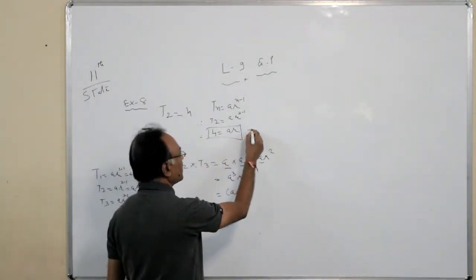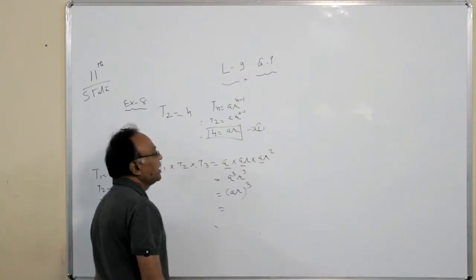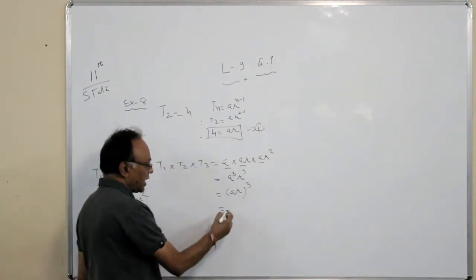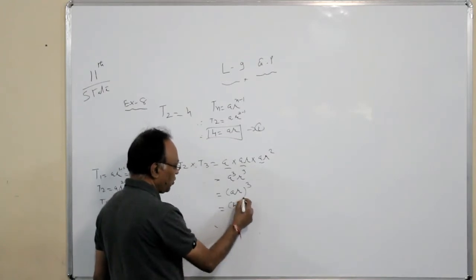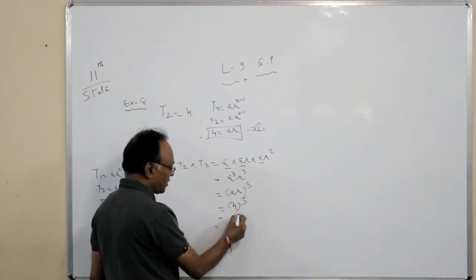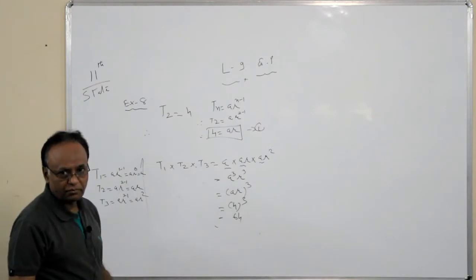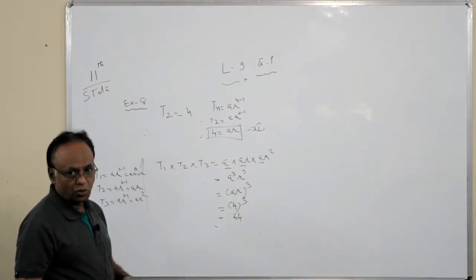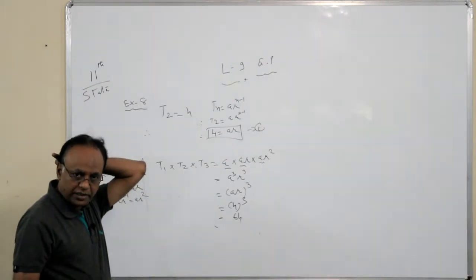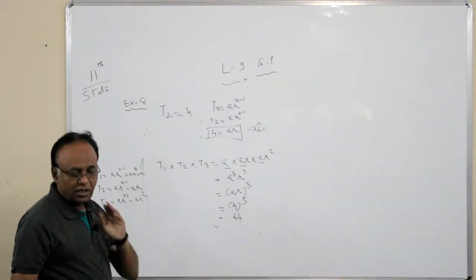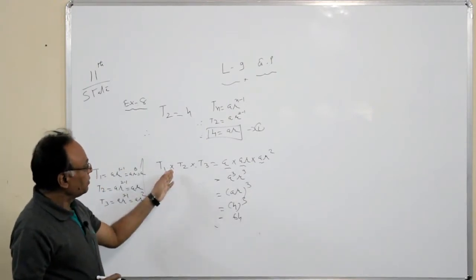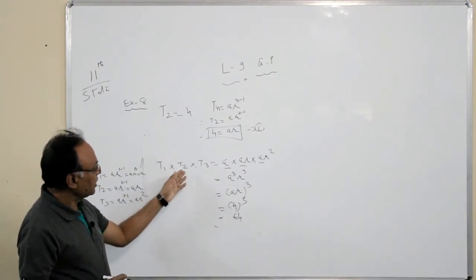Now suppose I call this equation number 1. Substitute the value from equation 1: AR is equal to 4. So write down 4 cube, which is equal to 64. The product of the first 3 terms means T1, T2 and T3, and product means multiplication.